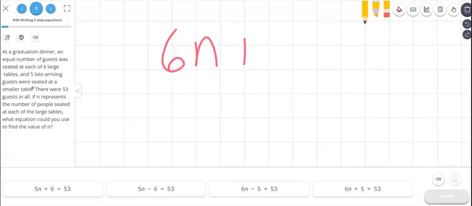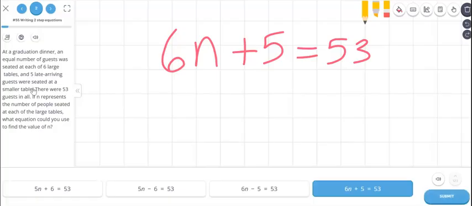So we have 5 people sitting by themselves. And it says there were 53 guests in all. If N represents the number of people seated at each of the large tables, which equation could you use to find the N? So it's 6 times number of large tables plus the 5 that's at the small should equal 53. So 6n plus 5 equals 53.